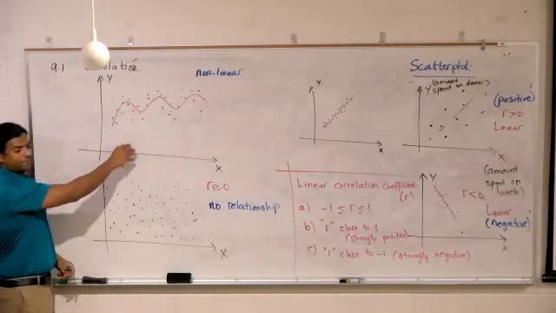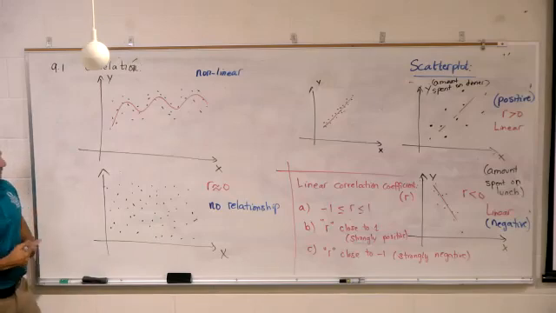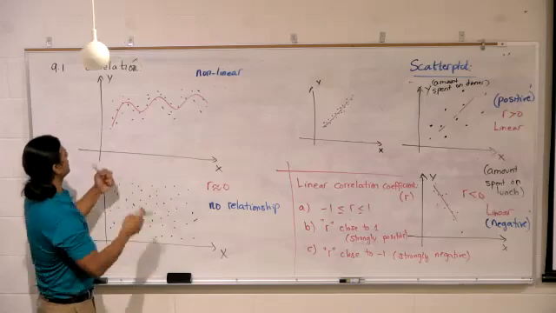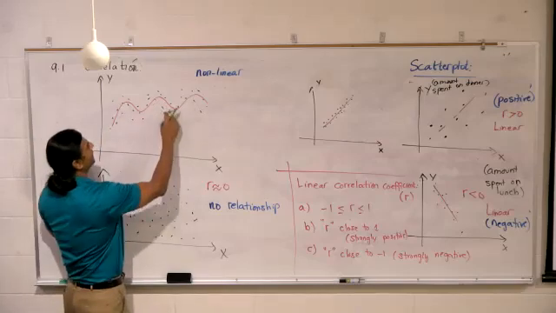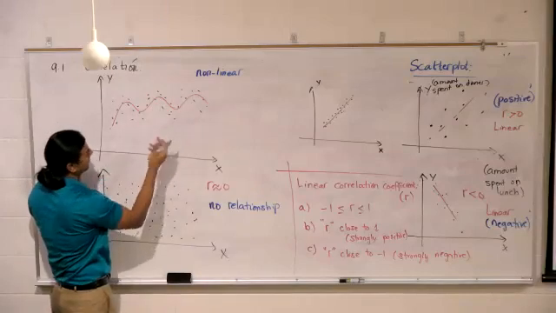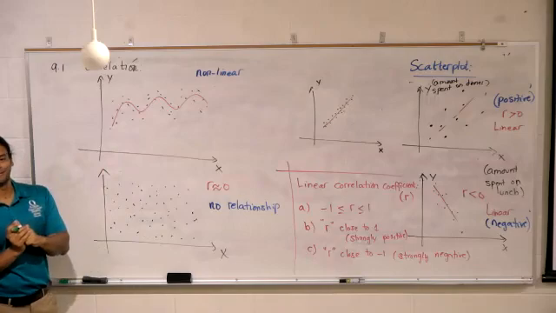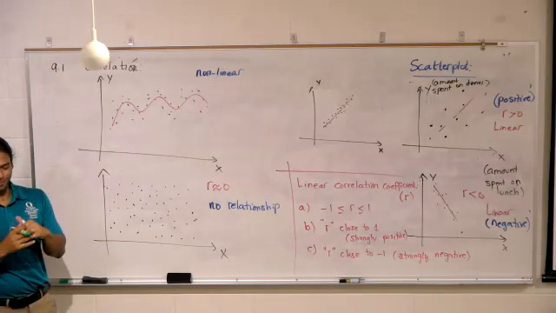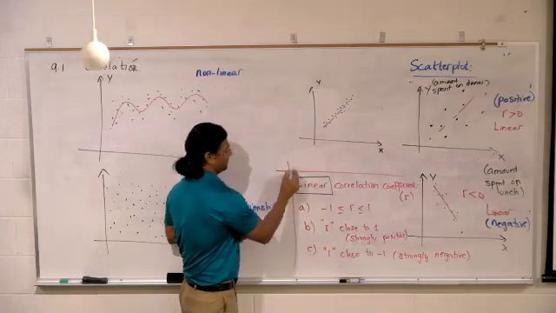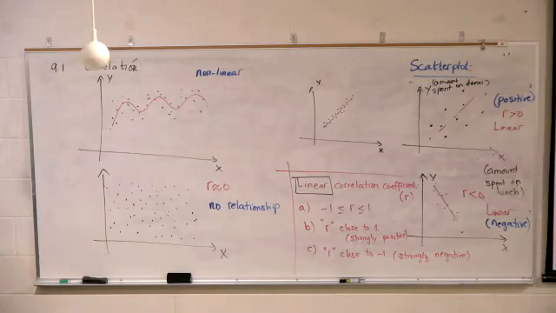What did you guys say for this one? Zero. Over the top one, positive. Well, if you look at the positive side of things, it's positive. The negative side of things, negative. Put them together, really doesn't matter. But you're missing an important point about R. R stands for linear correlation coefficient.